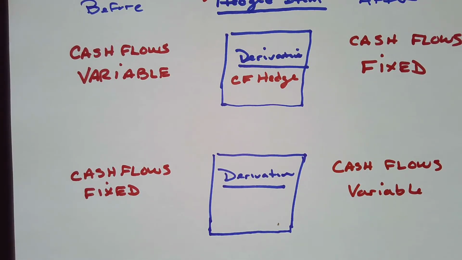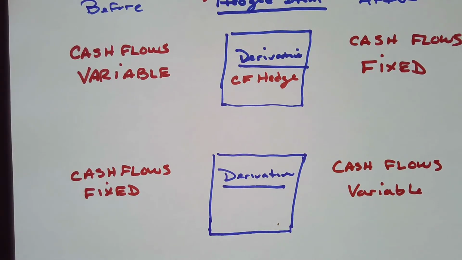If I've got a piece of inventory and I think prices are going to go down, the fair value of that inventory is going to go down. That becomes a problem for me.